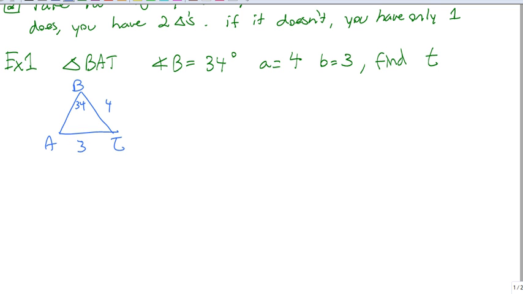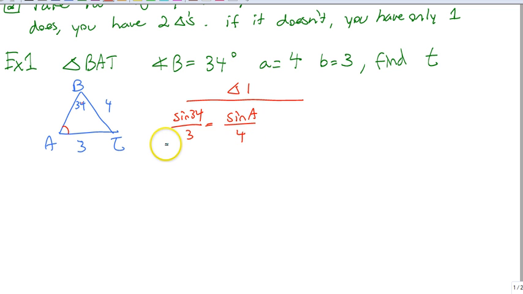So we're looking at this and go, okay, well, I don't know how many triangles I have. I could have a second triangle over here. But, so for triangle 1, I'm going to solve for, well, there's only one thing you can solve for, and that's angle A. We have B over sine B, or you can do sine B over B equals sine A over A. So I'm going to do sine of 34 all over 3 is equal to sine of A all over 4.